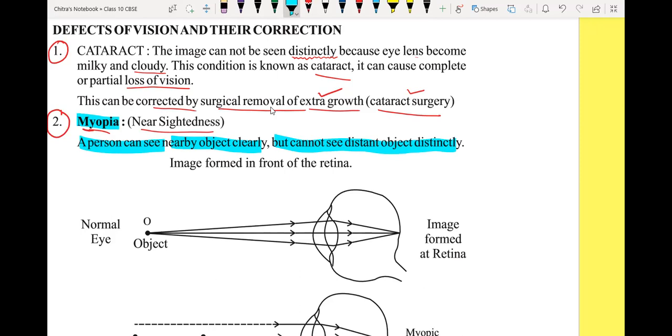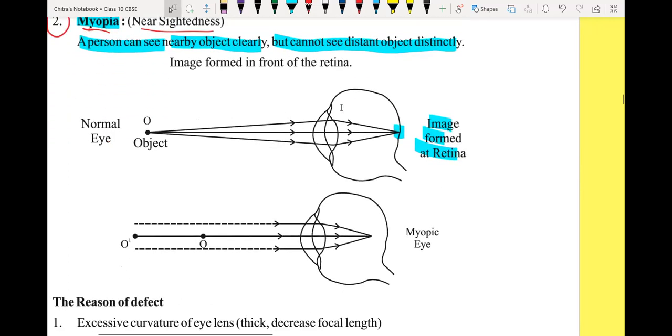What are the reasons for myopia? See, a normal eye focuses the image on the retina. But what happens when myopia occurs in the human eye? The light rays focus before the retina.